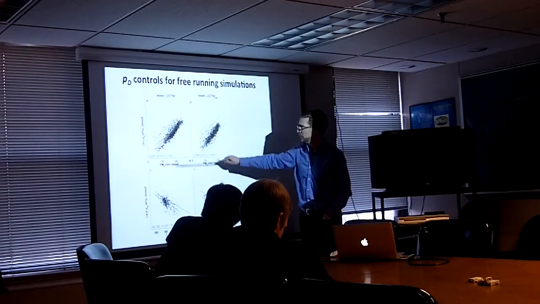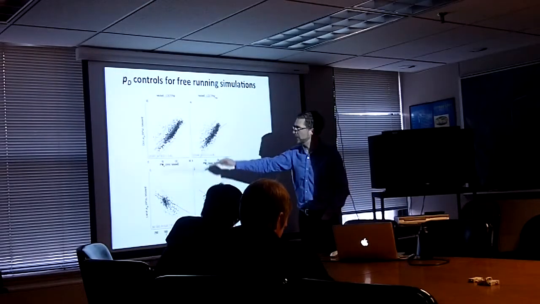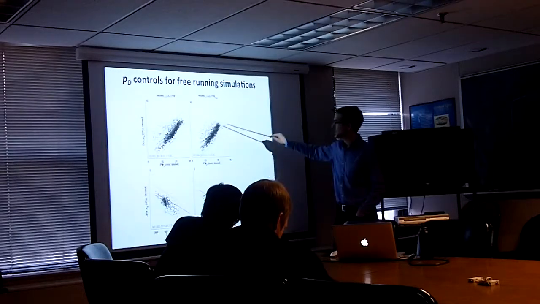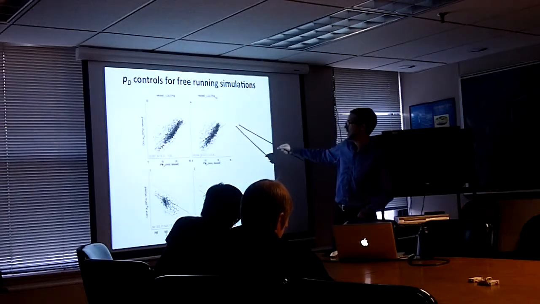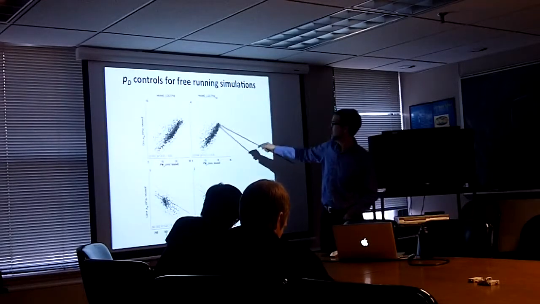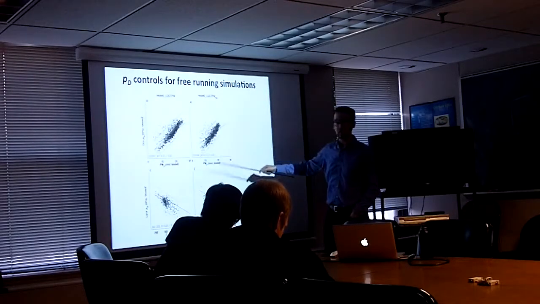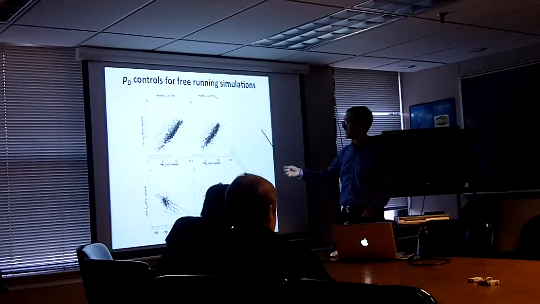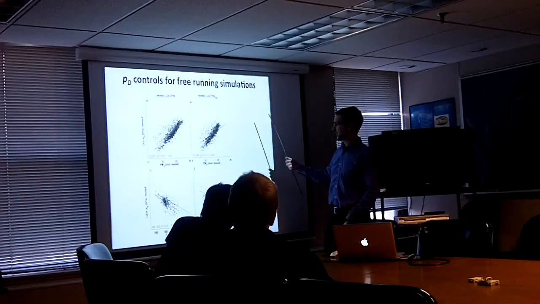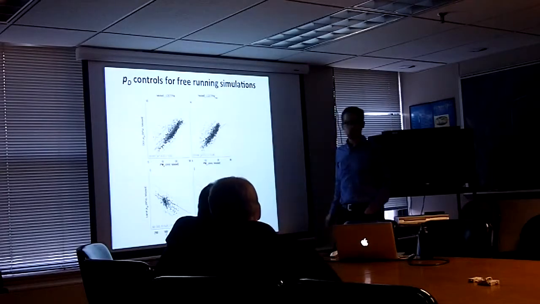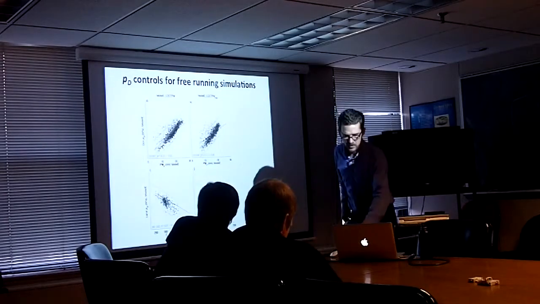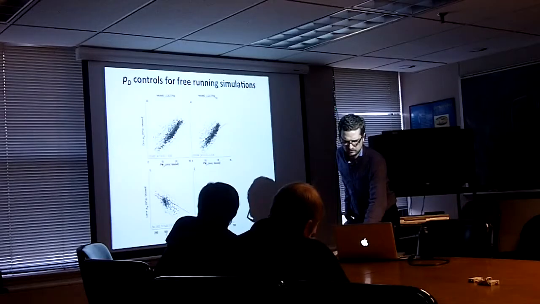These are the relationships, this is for a nudged run over land and ocean for that height of peak sensitivity. This is for a free running simulation. So in this case, it tended to be drier for whatever reason, I guess due to differences in the large scale circulation. But that relationship is fairly close to that from the nudged run.